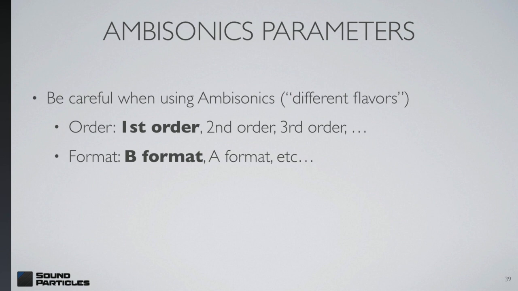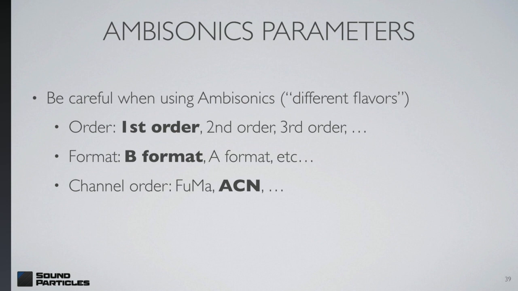So A format represents these signals coming from this tetrahedral kind of microphone. B format represents something different, the omni and the 3 axes. Next, there is something called the channel order, because what is the second channel? Is this the left, right, top, down, front, back, okay? Because there are 2 different ways of ordering channels in Ambisonics.